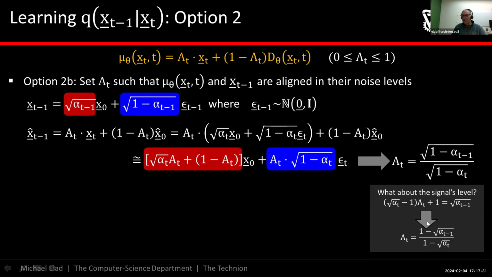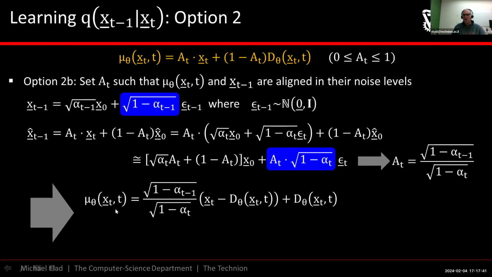If you do that, you get a very similar expression, slightly different from the above one. The two are different, and maybe you want to take something in between, God knows. And for the sigma t, so this would be the mu. Once you have done it, simply plug in the formula that you got, and you get a formula. By the way, this formula is being used in DDPM. So we derived it from a different direction, but it is being used.